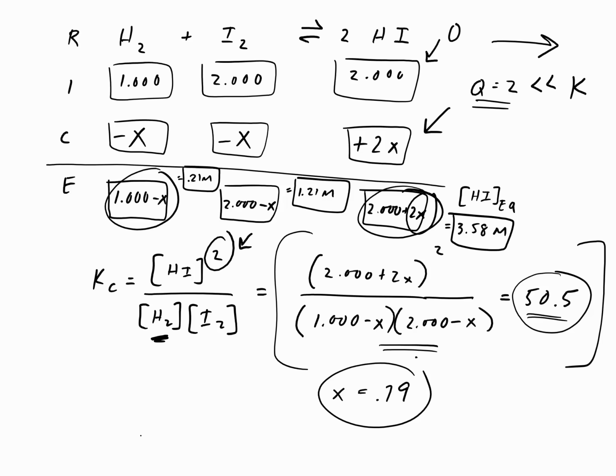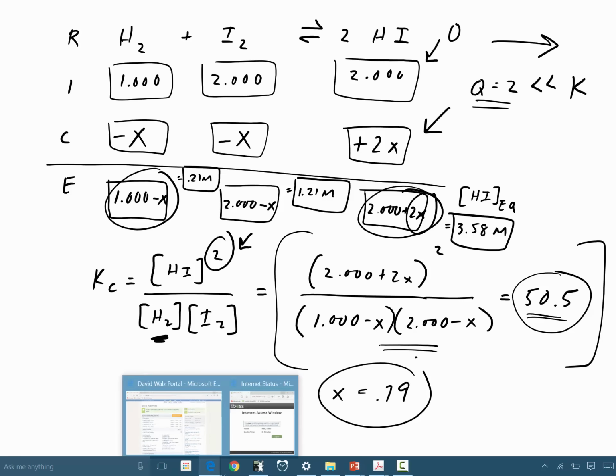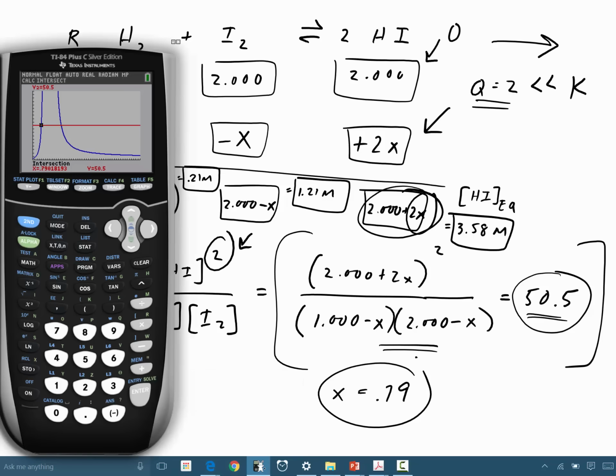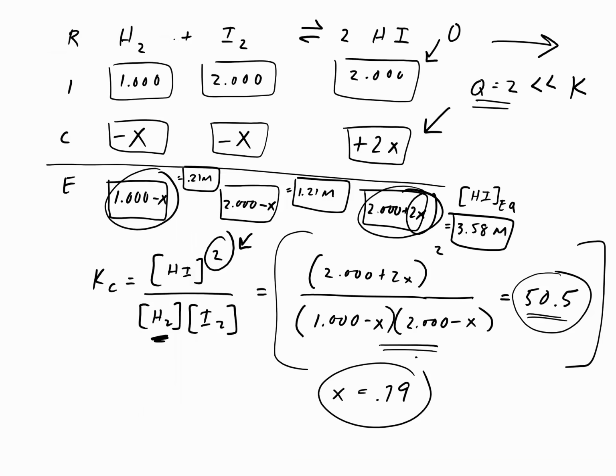Okay, let me show you real quick the other way on your graphing calculator to do this. So I have my graphing calculator. What you actually want to do first is put this in. So you actually need to simplify this, actually put it in the quadratic formula.